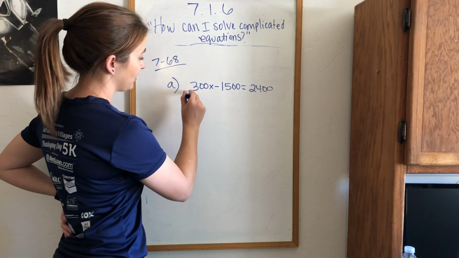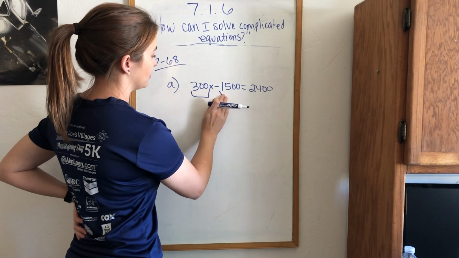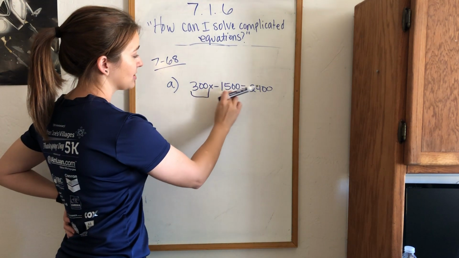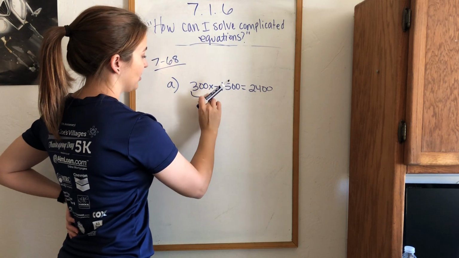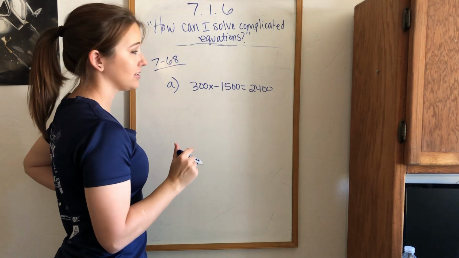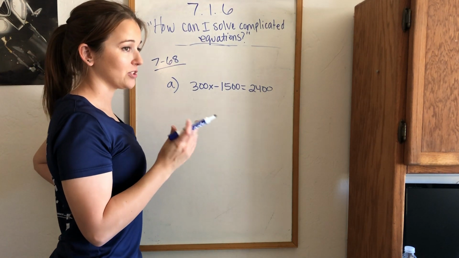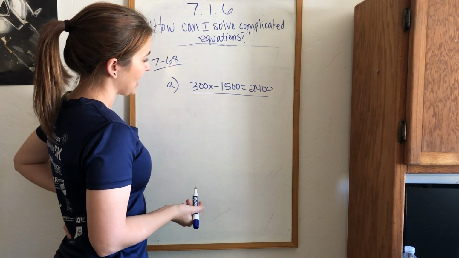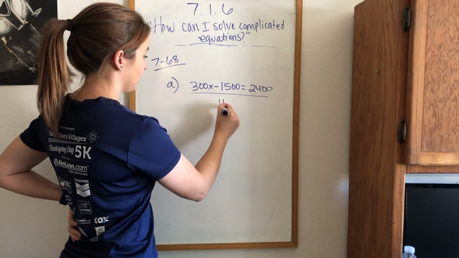So here's our integer coefficients. Oops. So we want these to be smaller integers. So I can actually divide, instead of multiply, the opposite of multiply is divide the entire equation by 100.